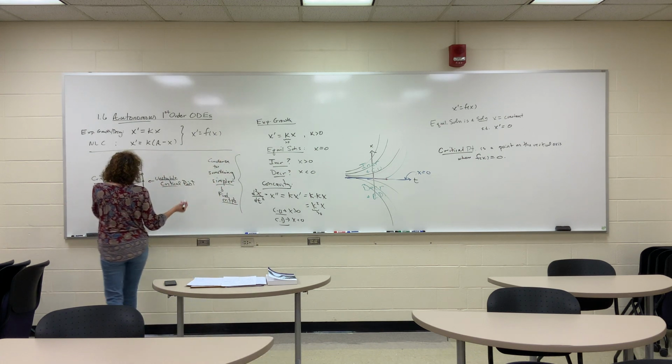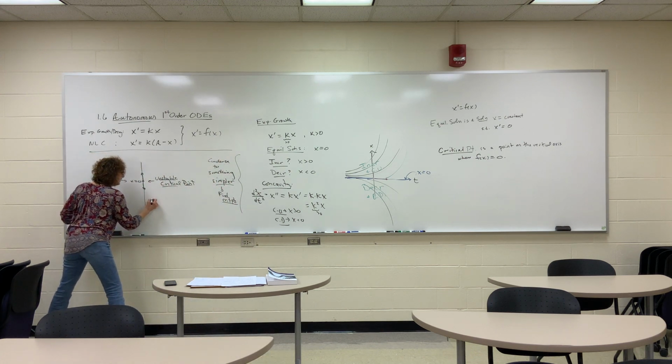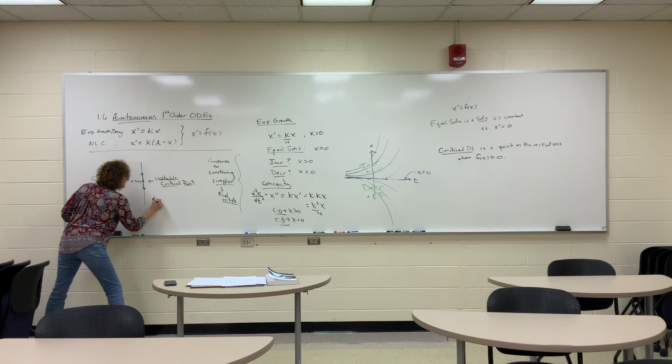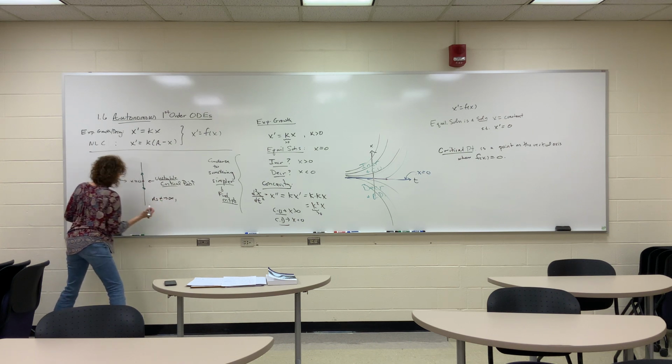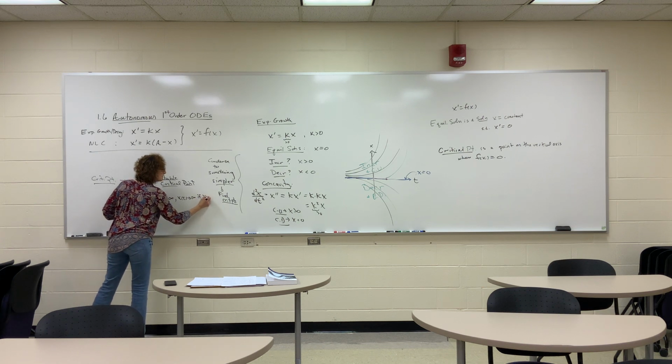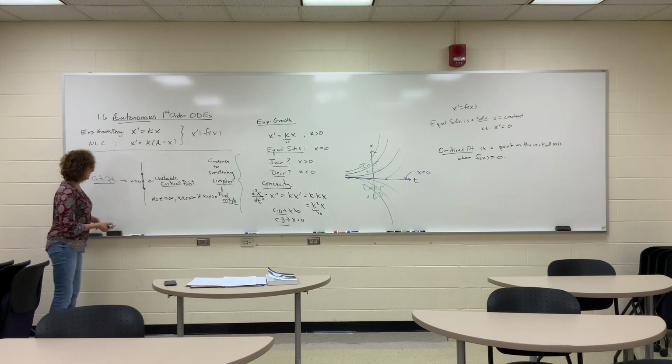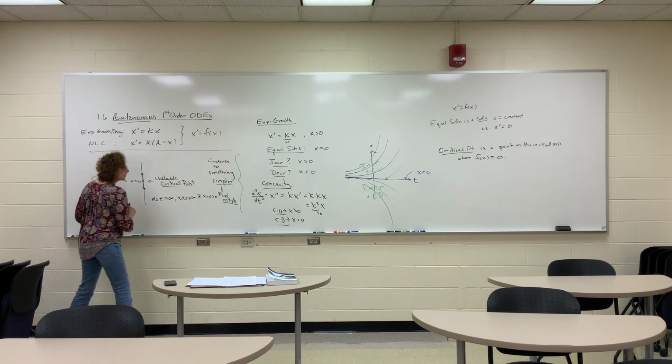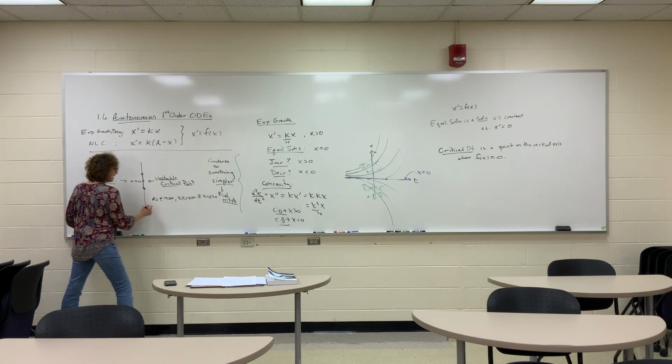And so it's relatively simple to see right here that as t goes to infinity, where does x go? Well, x of t is going to go to positive infinity if x started out positive, right? If x of 0 was positive, or wherever you want to start, okay? x of 5 is positive.